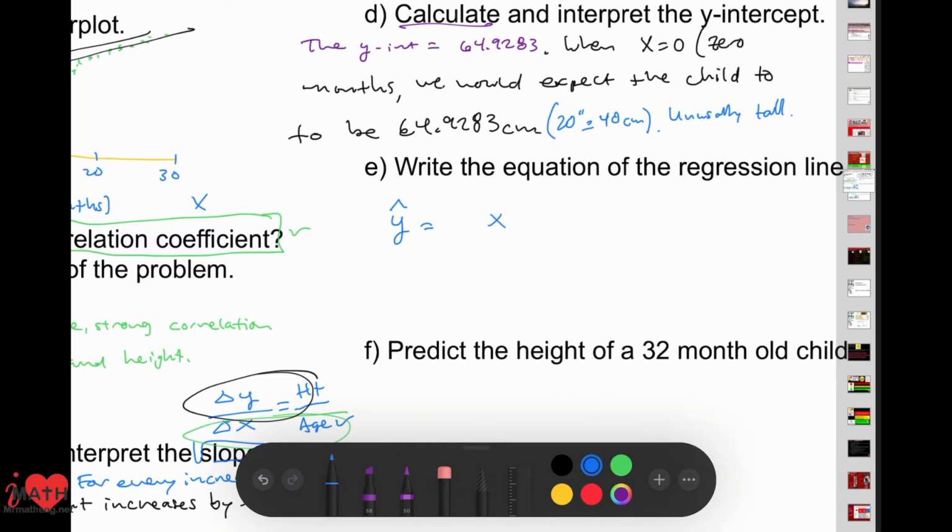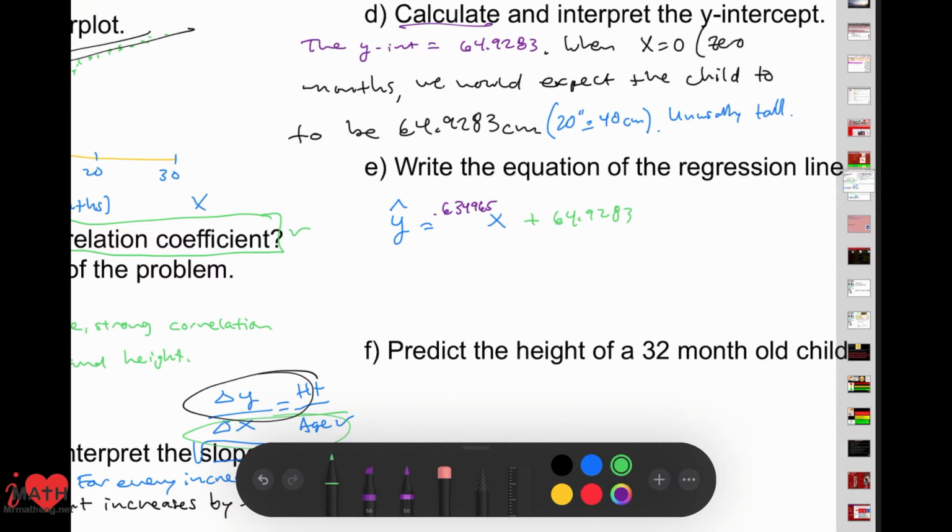So I have the slope, which was 0.634965, and then the y-intercept, which was 64.9283, and then if you want you can label what each of these are.